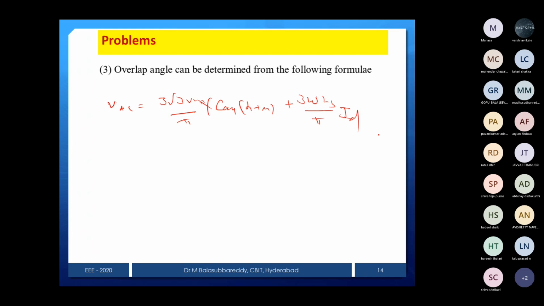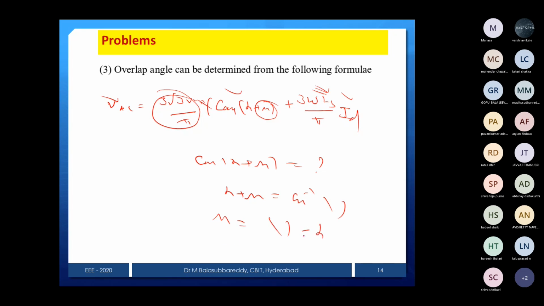Now what is unknown? VDC is known, this parameter is known, alpha is known, the only unknown parameter is mu, and Ls is also known because from the first bit we calculated Ls. Use the same Ls here, and Id is given, 9. We will get cos of alpha plus mu equal to something, then alpha plus mu is equal to cos inverse of that, then mu is equal to that value minus alpha. That will give the overlap period.